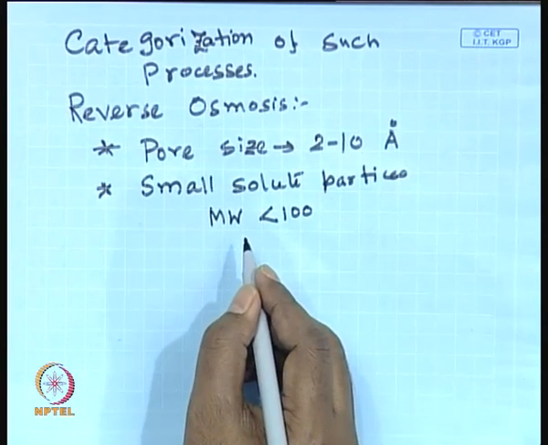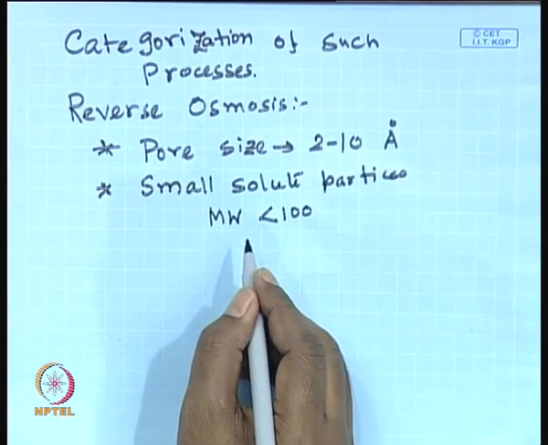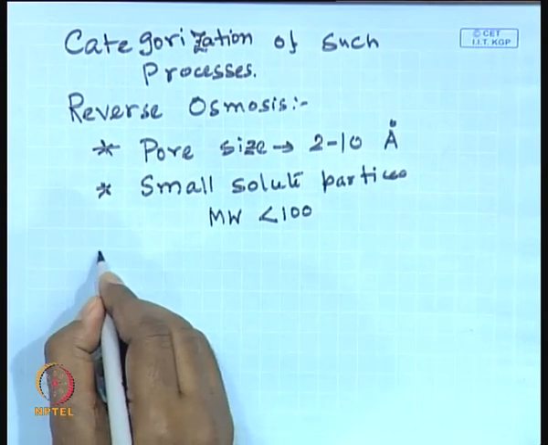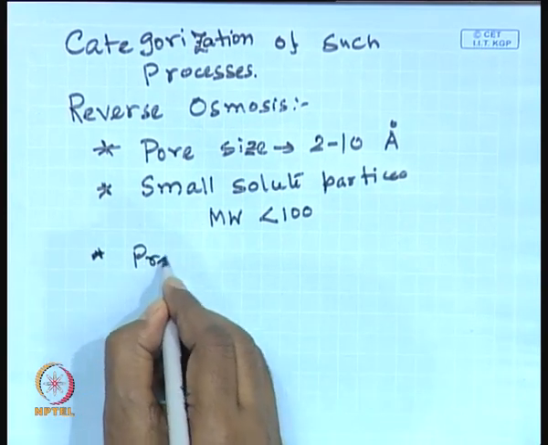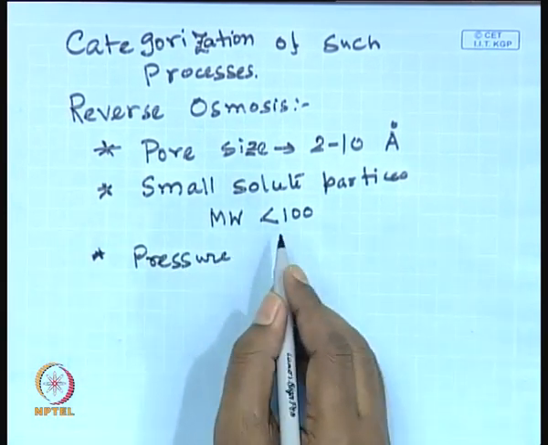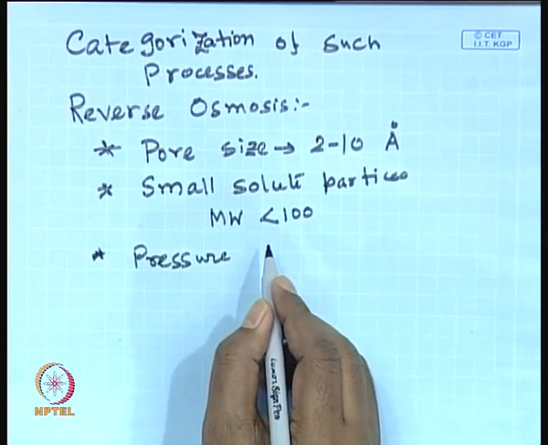That means various types of salts. Okay? Sodium chloride has a molecular weight of around 58.5. Now, since the pore sizes are very small, the osmotic pressure will become predominant in such cases.